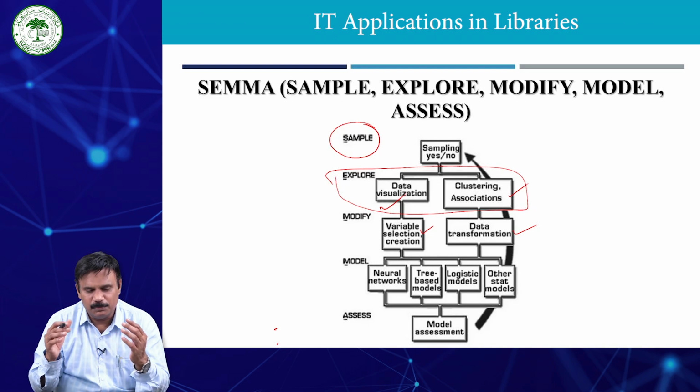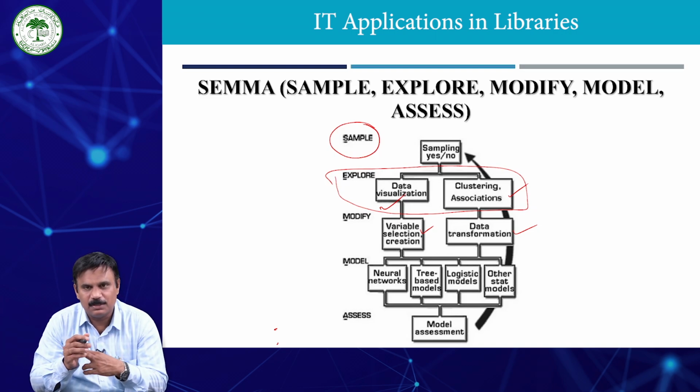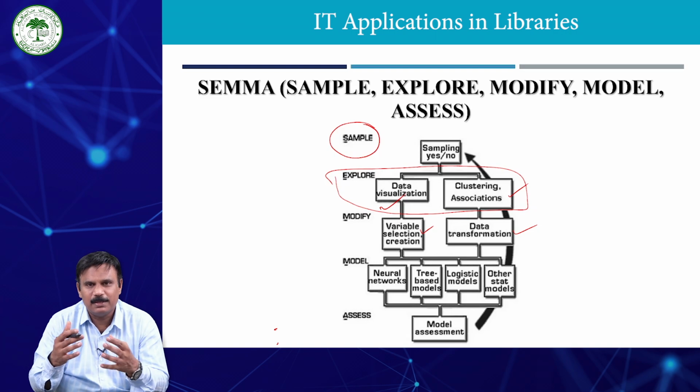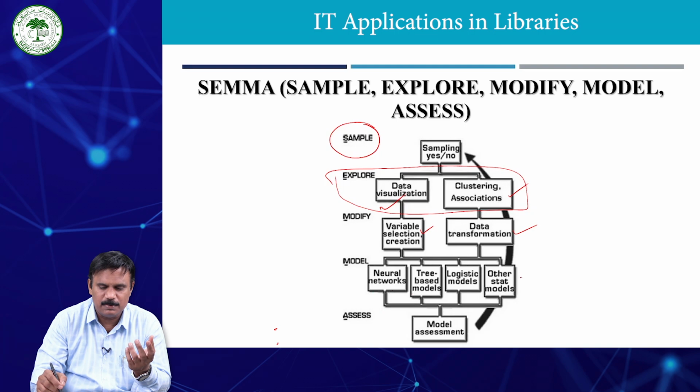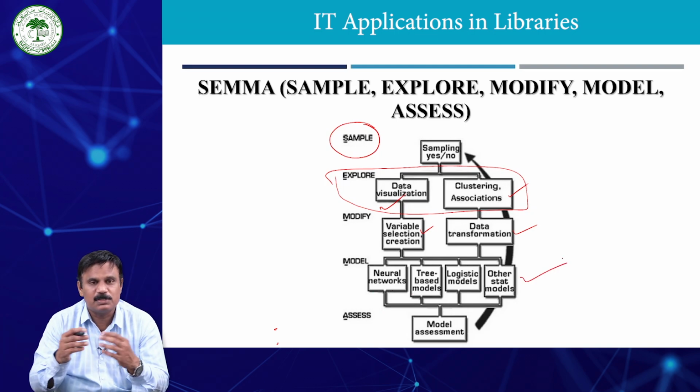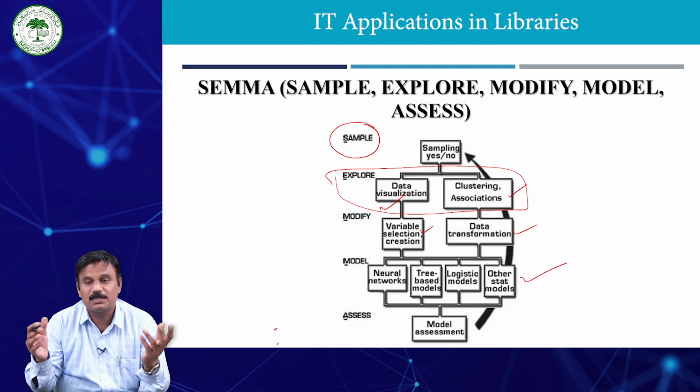And the fourth stage is a very important stage. There we are applying statistical or machine learning models to the data using any models: neural network, tree-based models, logistic models, or other statistical models.